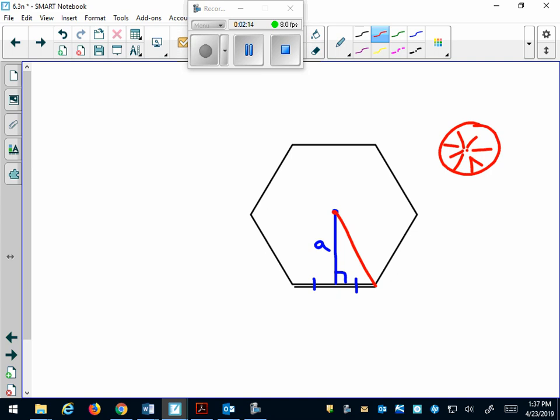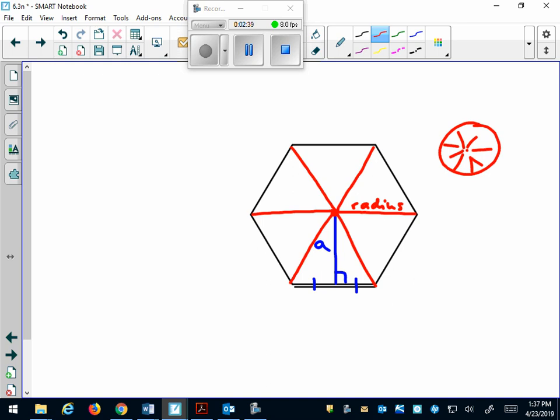No. So in a polygon, this is a hexagon, there's only going to be 6 radii in a hexagon. And they all go from the center to a vertex. Okay, that's a radius. So the apothem is shorter than that. It goes from the center perpendicular to the side. Anything in between is not really useful.